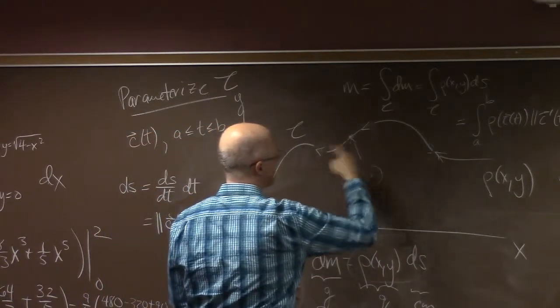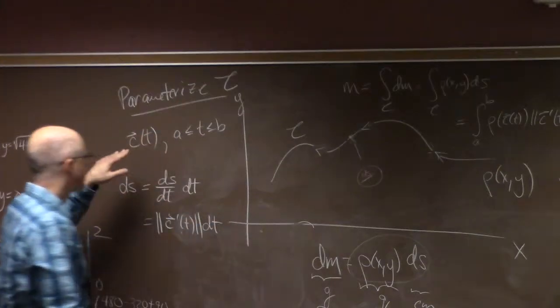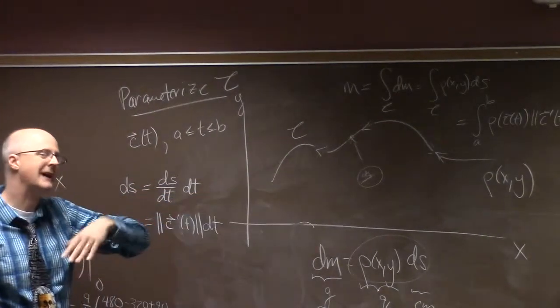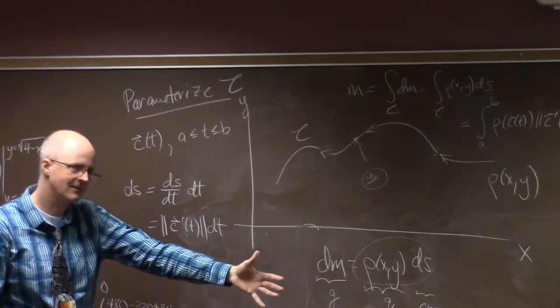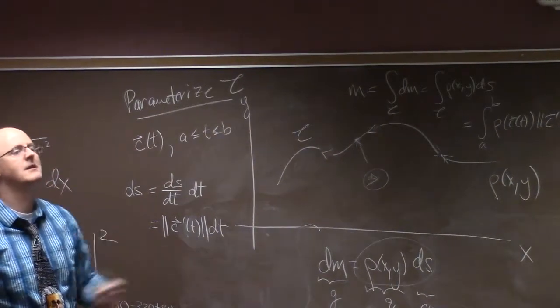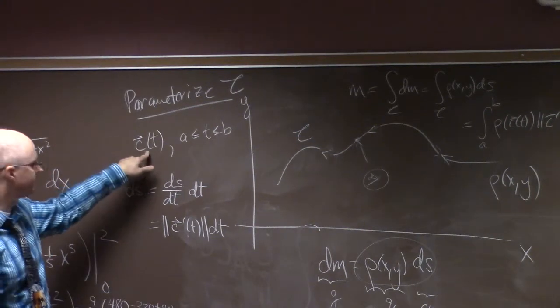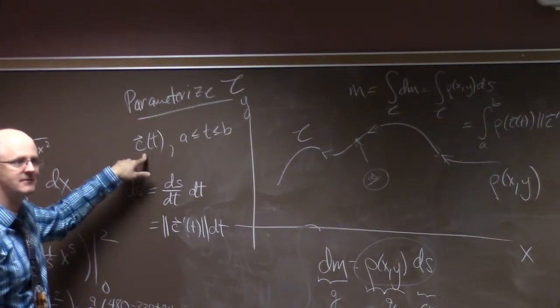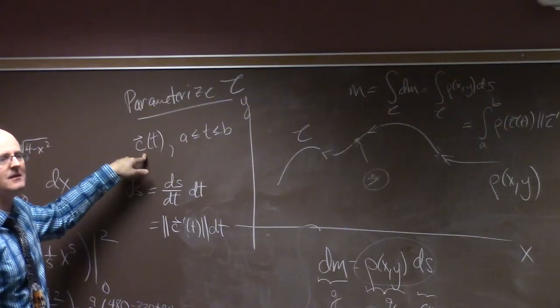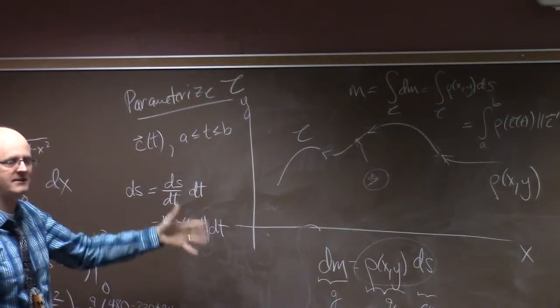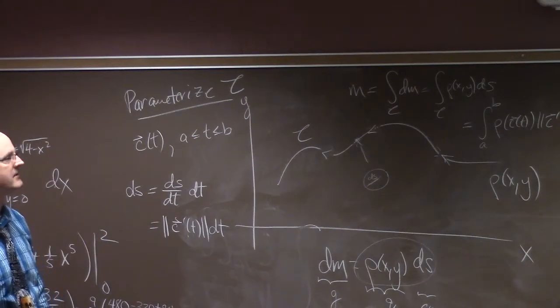If the orientation in this picture is right to left, you should not pick a C of t that goes left to right. That would give you the opposite of the right answer, which is good to know anyway. But you want to make sure you orient the motion that C of t models in the appropriate specified direction of the orientation that's given.